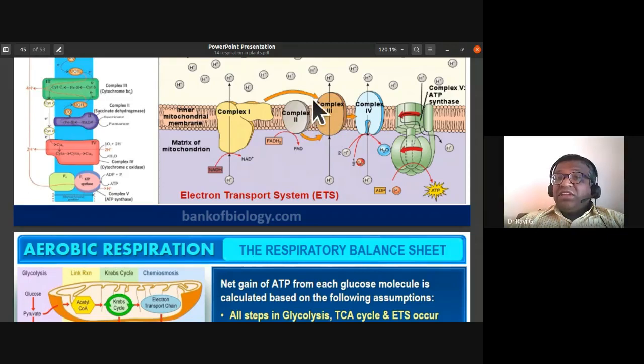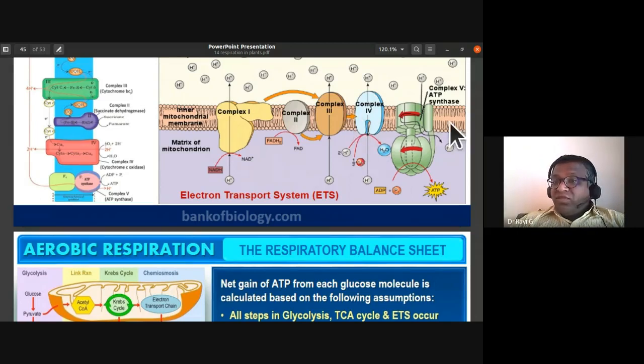The electrons received from complex 1 and complex 2 are carried from complex 3 to complex 4, where oxygen adds to 2H plus to form water.